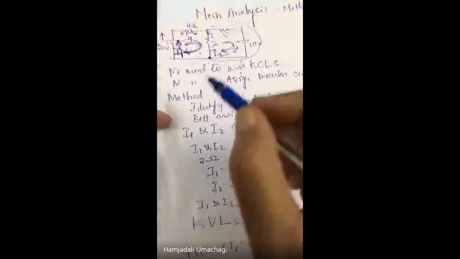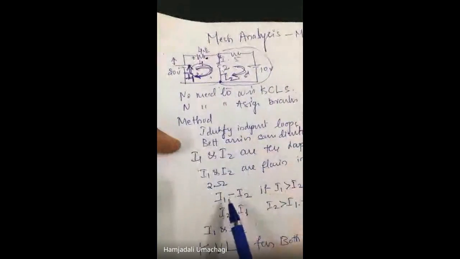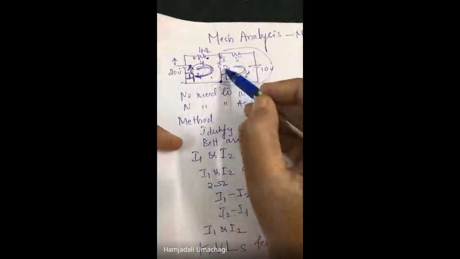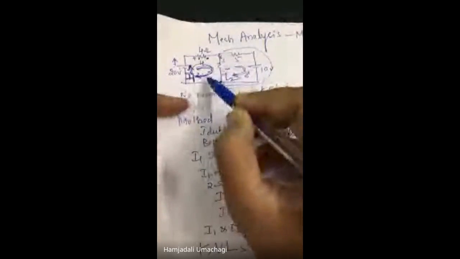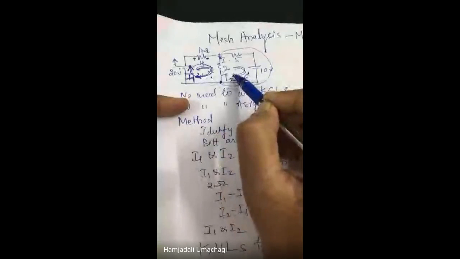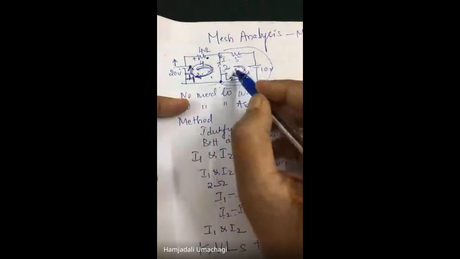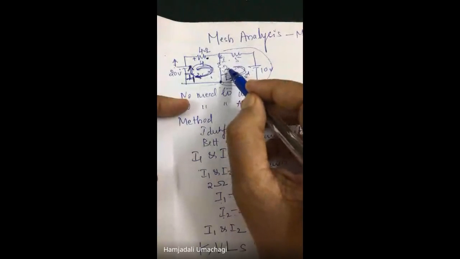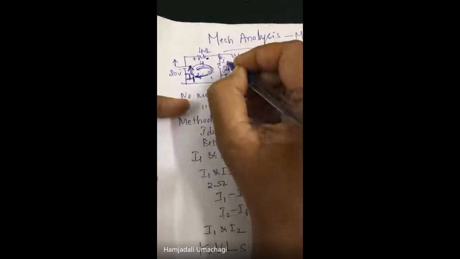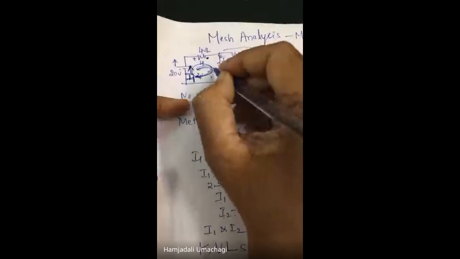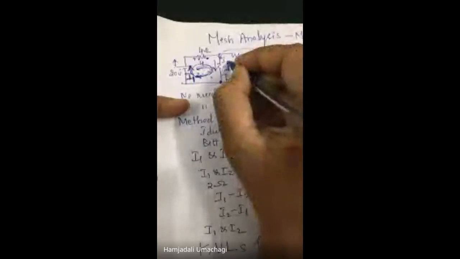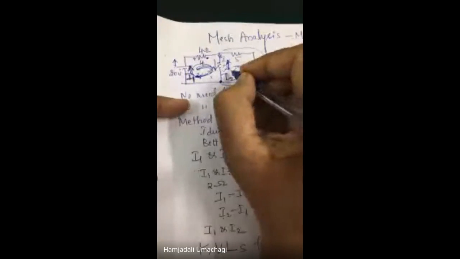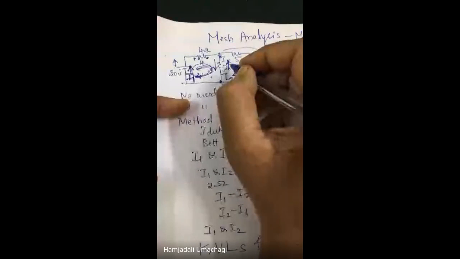I told you in the beginning that there are two currents flowing in the 2 ohm resistor, I1 and I2. What is the direction of I2 in the 2 ohm resistor? It is in the upward direction, whereas the first loop current is in the downward direction.